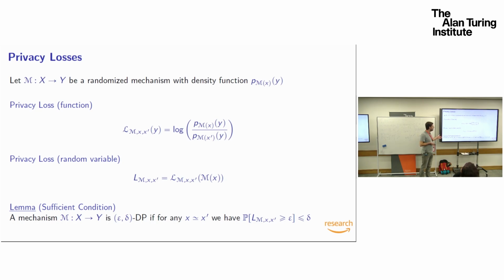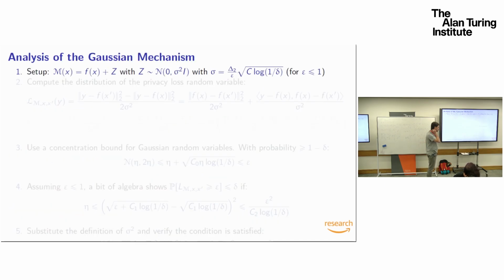And this is basically the idea behind the proof of the Gaussian mechanism. So let's try to walk through the proof. I promised you that, so here it is. Recall the setup. We have a mechanism. This is output perturbation with Gaussian noise.